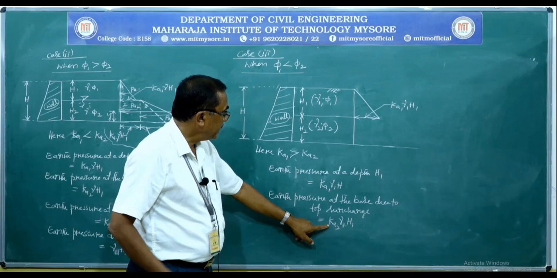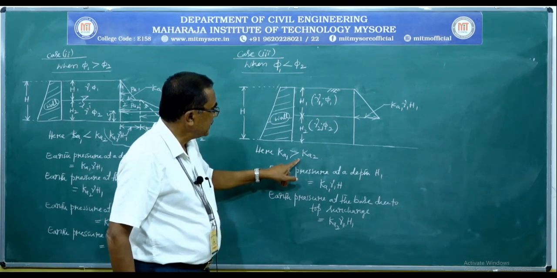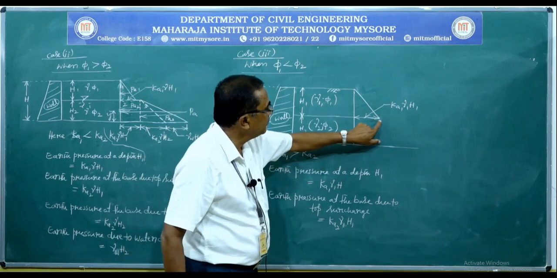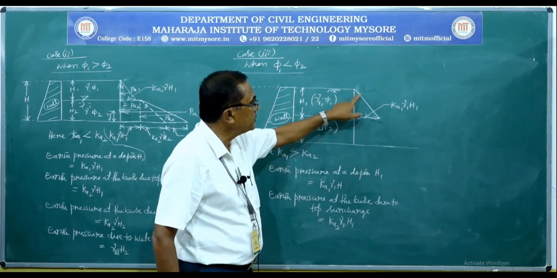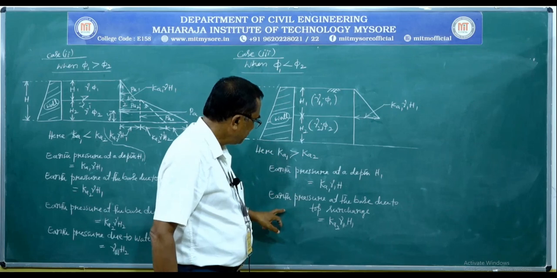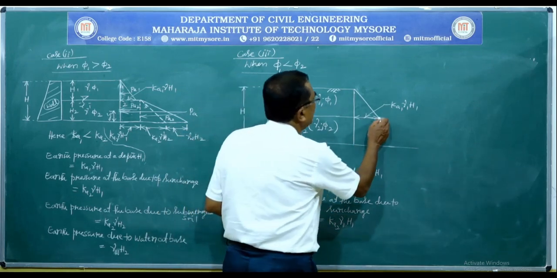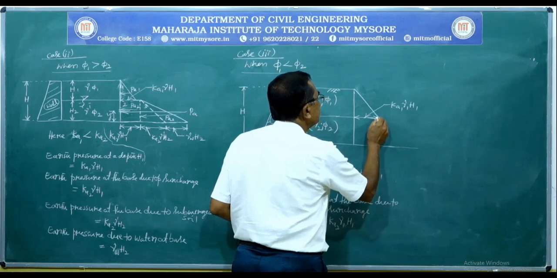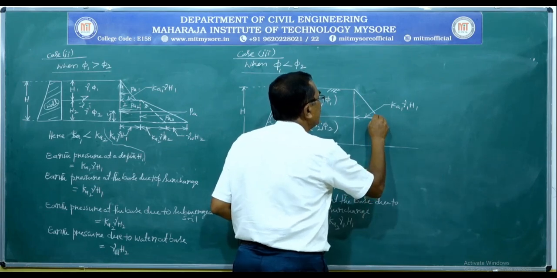See here, as Ka2 is less than Ka1, there is a change in the pressure distribution at the bottom due to the surcharge. As pressure decreases, this pressure distribution diagram will take a shape like this. It will go back.